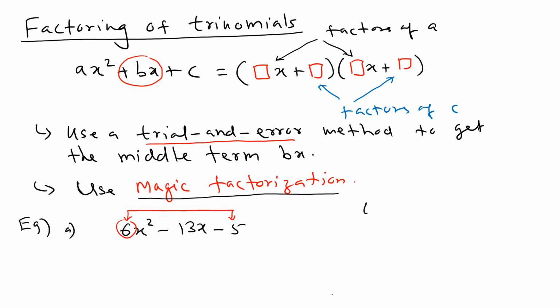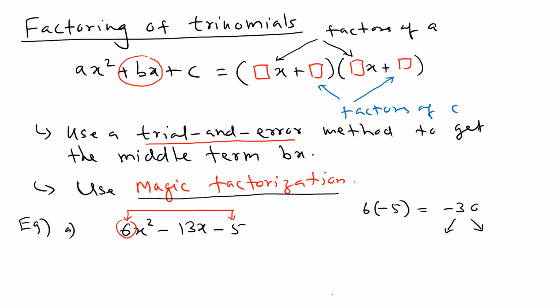When you multiply 6 and negative 5, you get negative 30. Then we do the standard way: we think of factors of 30 that add up to negative 13. There are several factors, 30 times 1, 6 times 5, 15 times 2, things like that.